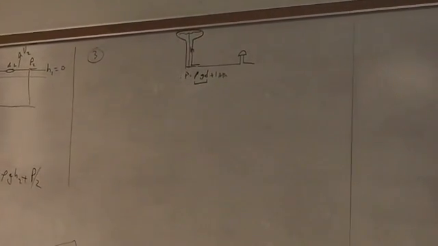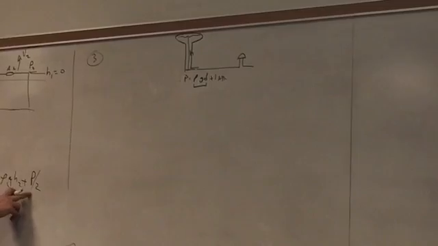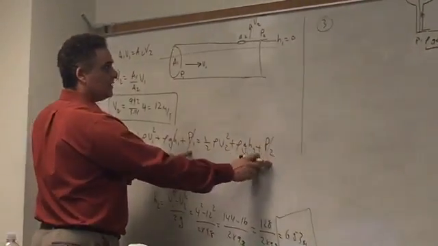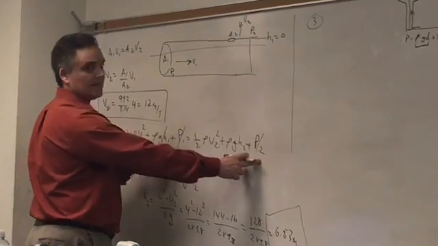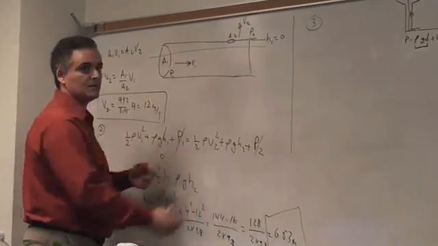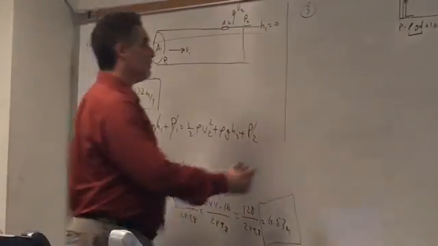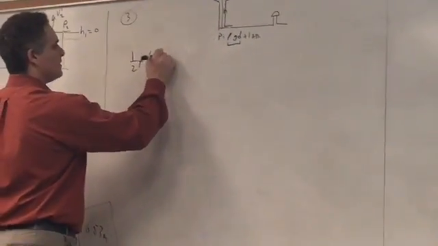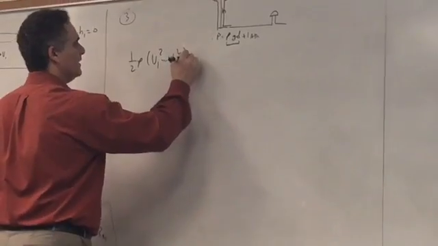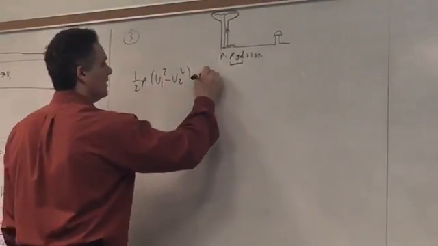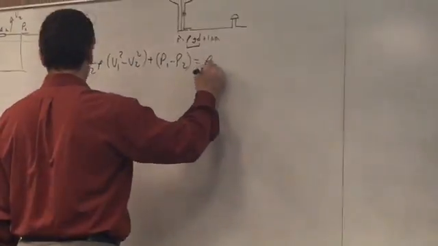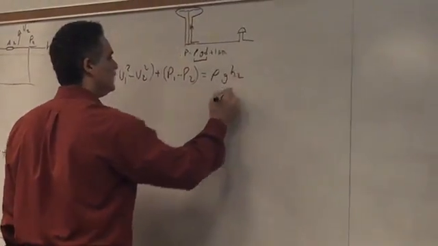So that means that this equation here, if I write this back in this form, my P2 would still be atmosphere, but this would be many times bigger. So this would contribute, right? So I rewrote it: I'd have 1/2 rho (V1 squared minus V2 squared), plus P1 minus P2, equals rho g H2.